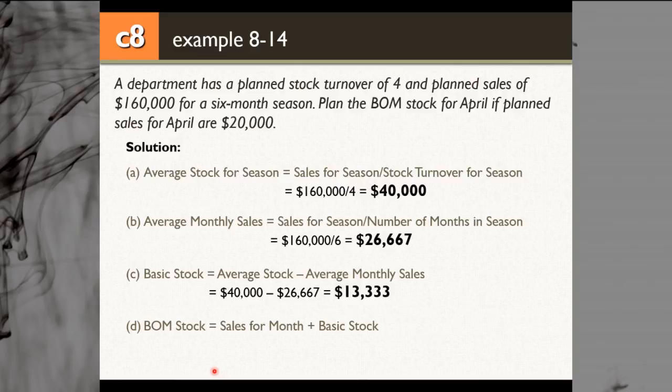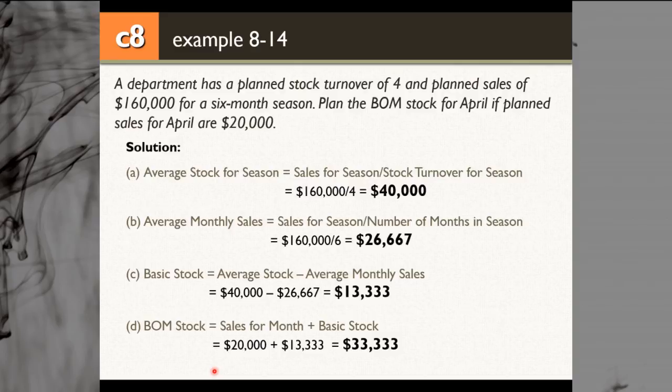Oftentimes that's a 6-month plan, so we use those 6 months to calculate the average monthly sales and so on. If you have each month's sales for the season, then you can add this basic stock amount to calculate your BOM stock. So 20,000 plus 13,333 gives you 33,333 as your BOM stock for April.